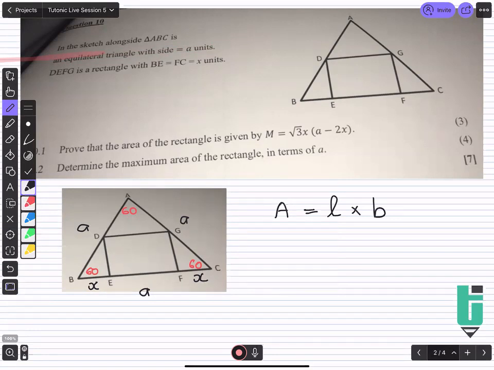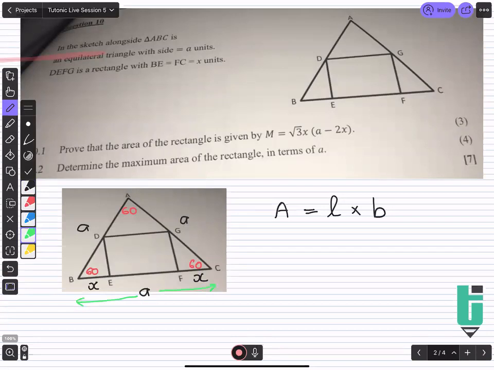Okay, so Amara, what's the length of the rectangle? How could you express the length? Do you have any ideas? Isn't it a minus 2x? It is.